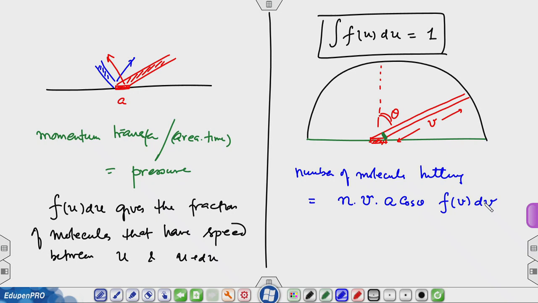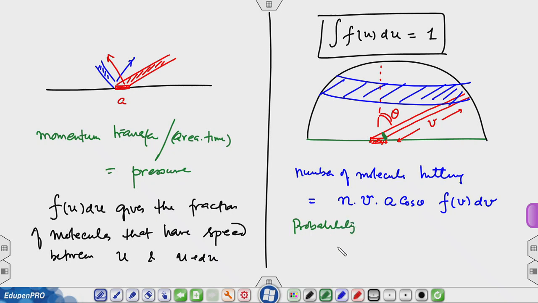What is the probability that the molecules are coming from this angle theta? So the probability of molecules coming at an angle theta is equal to d omega, where d omega is the solid angle at theta, divided by 2 pi, because 2 pi is the total solid angle, times the half.